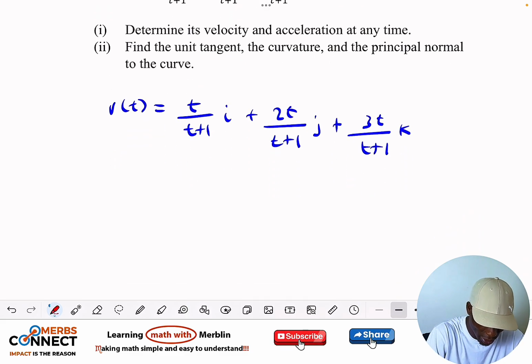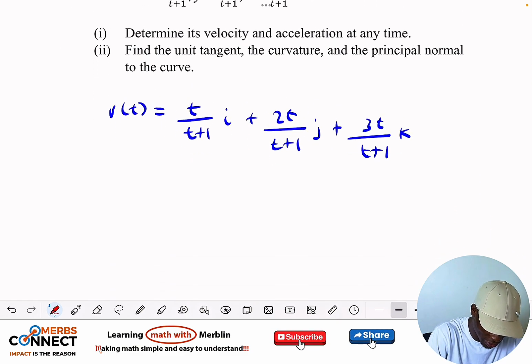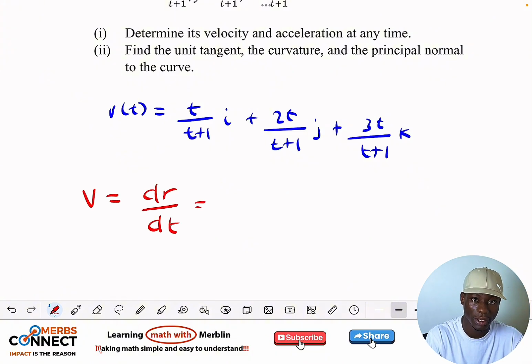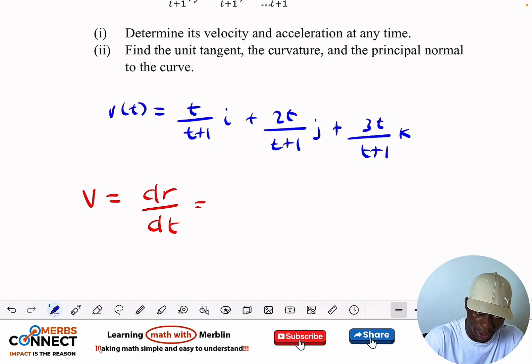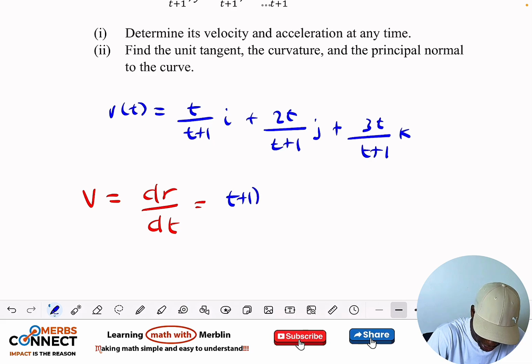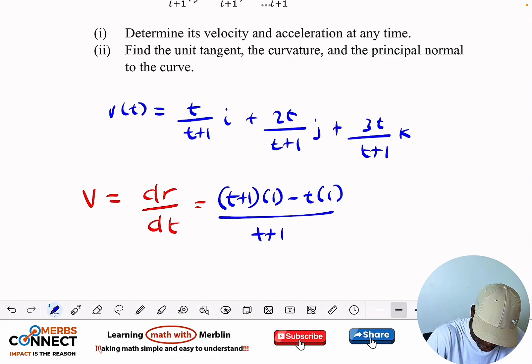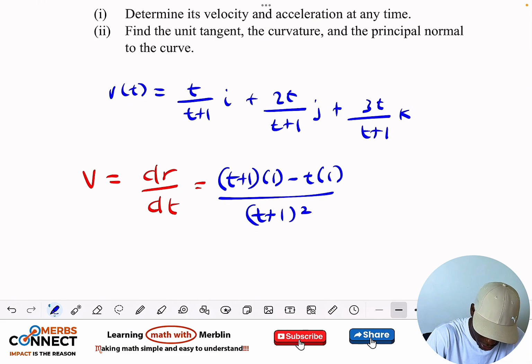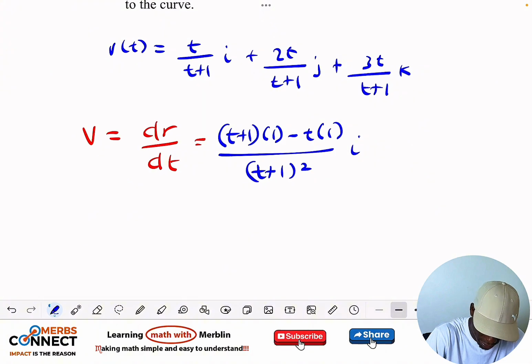So now first, for us to find the velocity, it is equal to dr over dt. So we need to differentiate this. Here we need to use the quotient rule to do that. So I'll just go straight: quotient rule, I maintain the down, differentiate the top, minus, maintain the top, differentiate the down, over t plus 1 squared. So this is the i direction.